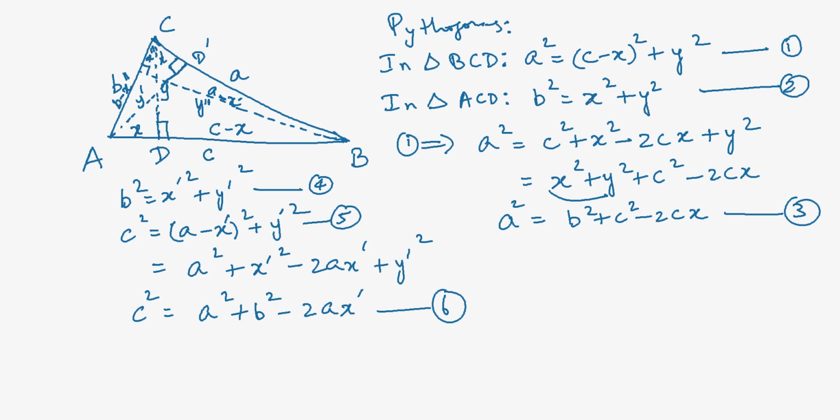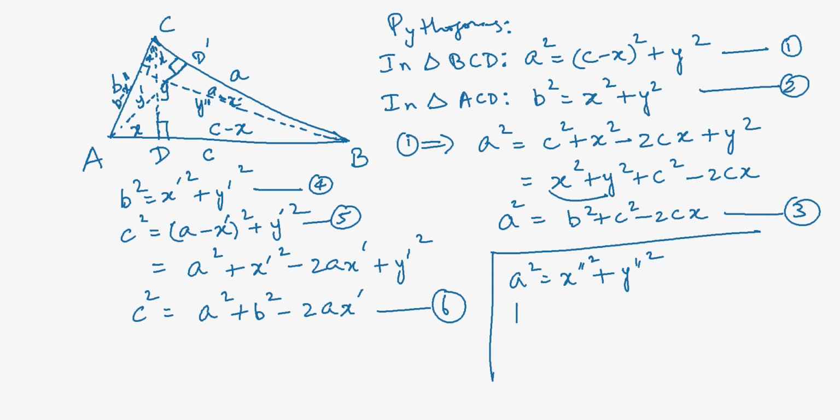So that would have easily given us, for this particular triangle with y double prime and x double prime, a squared equal to x double prime squared plus y double prime squared. Are you with me?